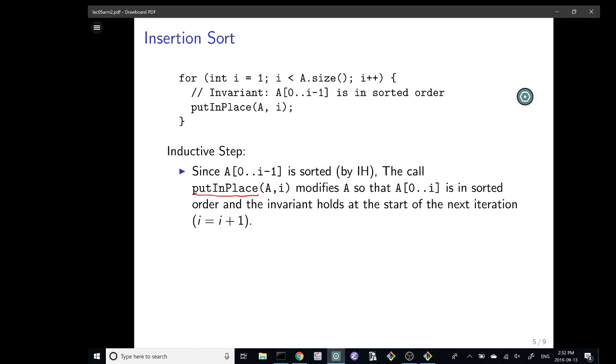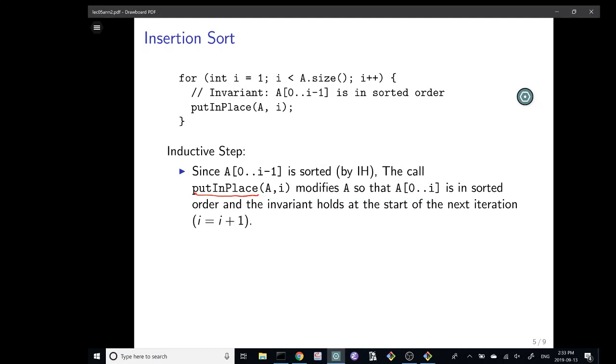And that is handled by put in place. That's exactly what it does. It takes in an array, and it assumes that A[0] through I minus 1 is sorted, and it puts the element in location I into the correct position. It takes the ith card and puts it into the correct position. Okay? You good? So now we've got the invariant again, and it holds for I plus 1 at the start of the next loop. And we're good.